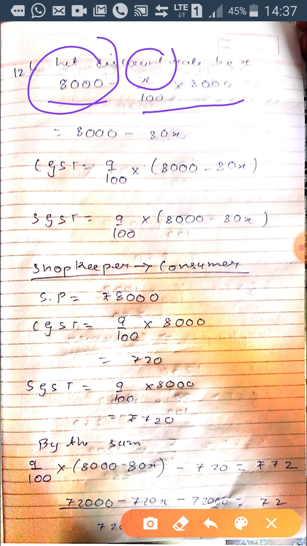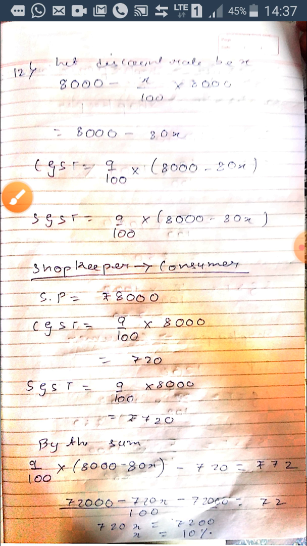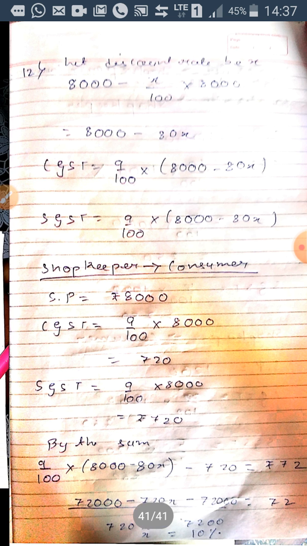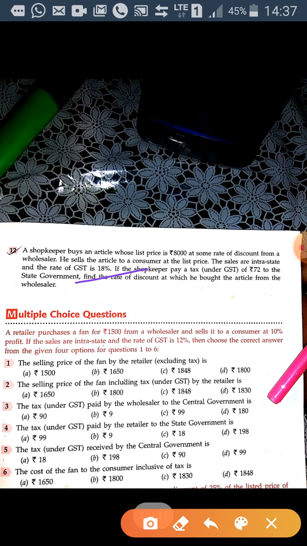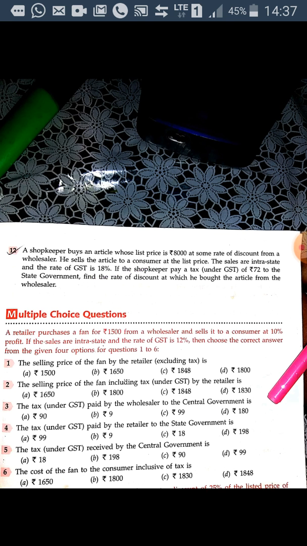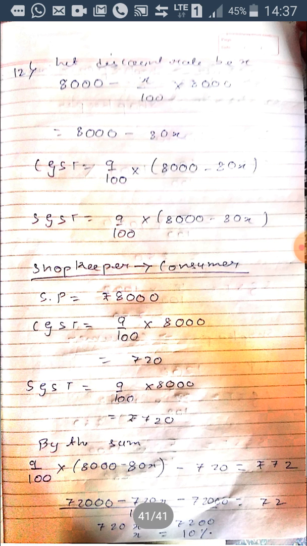Since this is an intrastate transaction, we will have to pay CGST and SGST. How much CGST and SGST do we need to pay? Here the GST rate is mentioned to be 18%. So CGST is 9% and SGST is 9%.